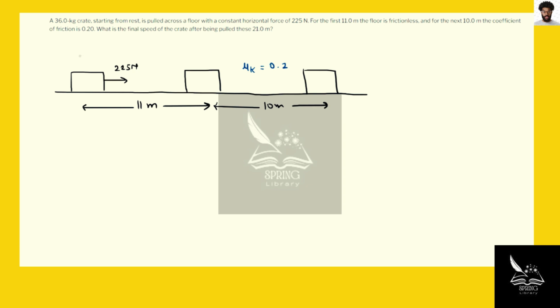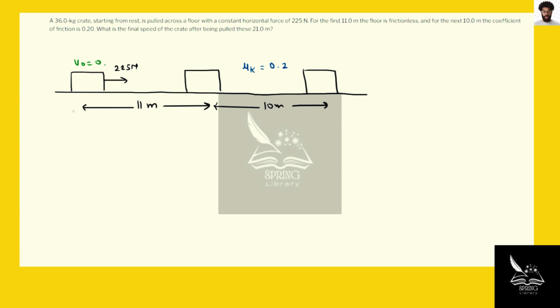Okay, so first we need to find the initial speed, which is 0, by the way. Since we are given the mass of the crate already, we can find the acceleration.